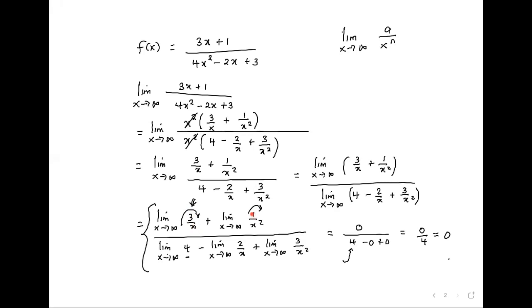Here our a is 1, n is 2. Here our a is 3, n is 2. Here our a is 2, n is 1. Here we just have a. If we went down, we'd have x to the power 0, so that's why it's not appearing down. So we still apply it.